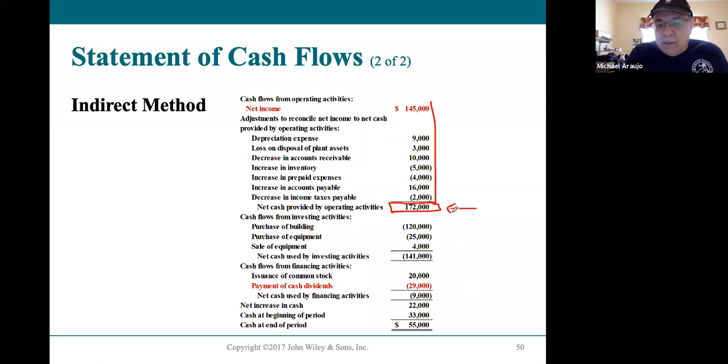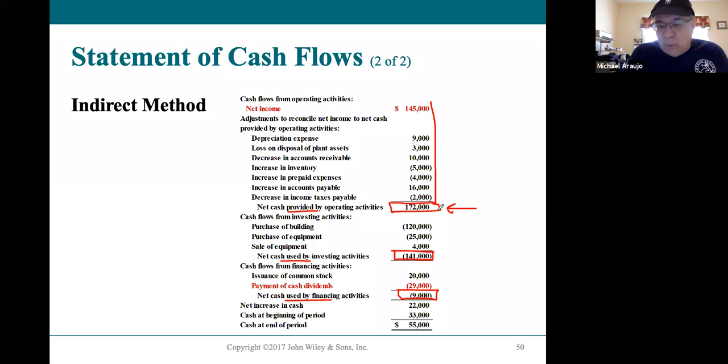This number here is a positive number, so we say it's cash provided, so cash coming in. The investing activities show cash going out, so we show this as a use of cash. Cash is being used, okay? And financing activities show more money going out than coming in, so this is cash used by financing activities.